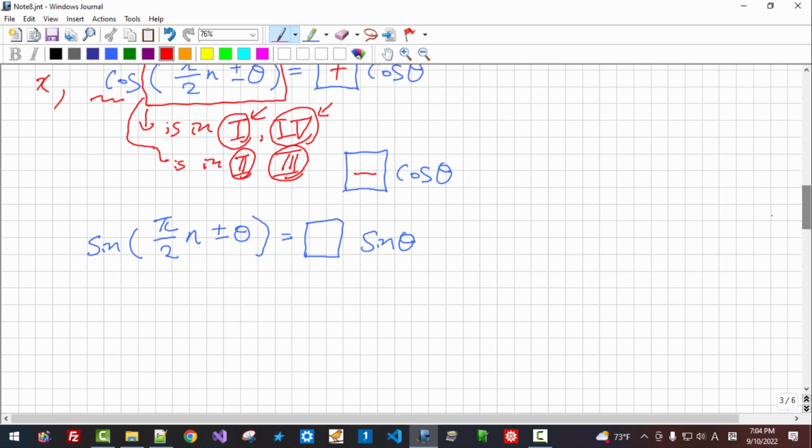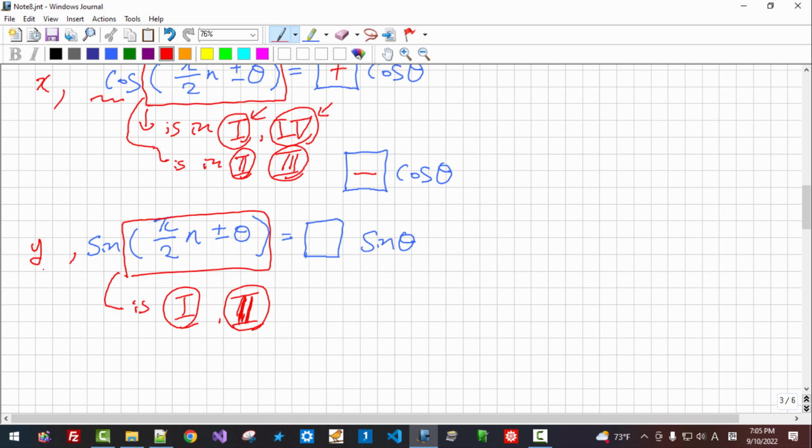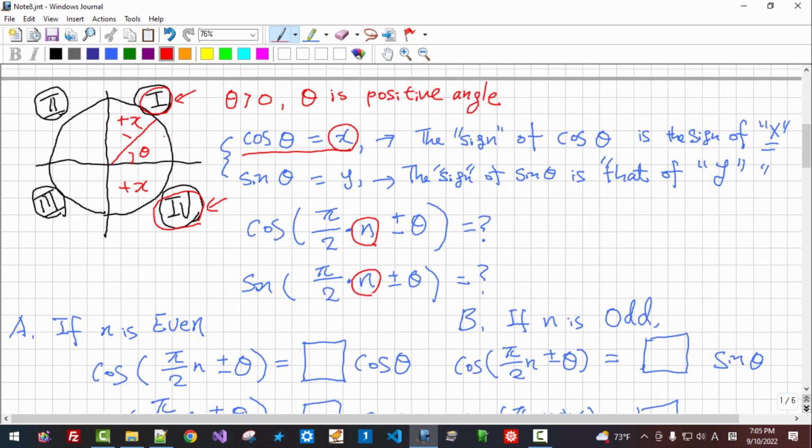In the same manner, if this angle is in the first quadrant or the second quadrant, the sine function follows the sign of y. So y is positive in the first and second quadrants, so it becomes positive. If we scroll up, in the first quadrant, y is positive.